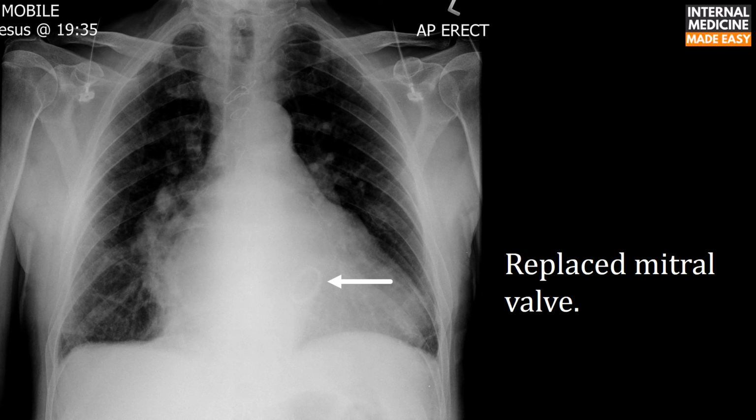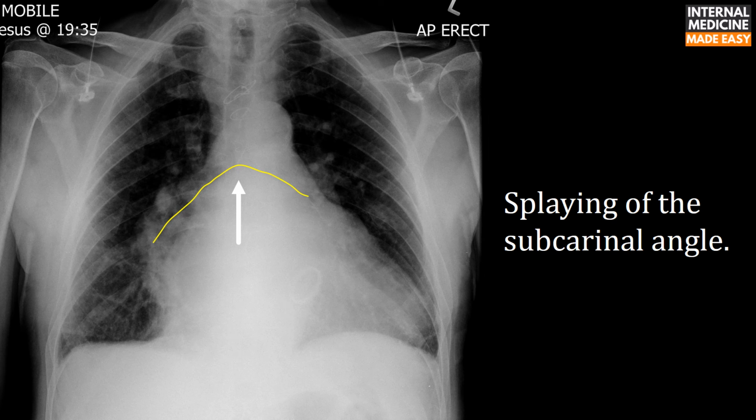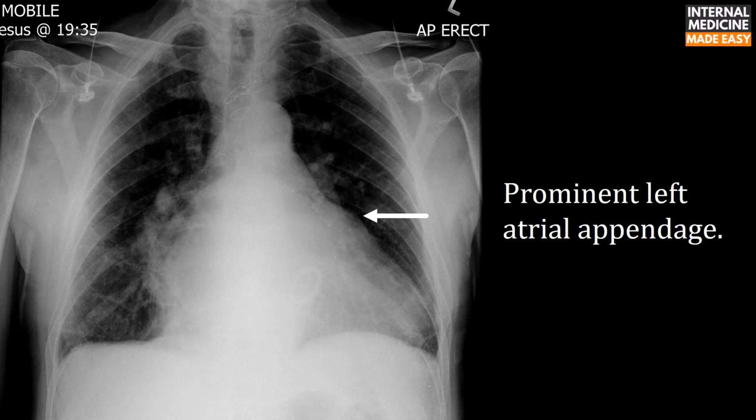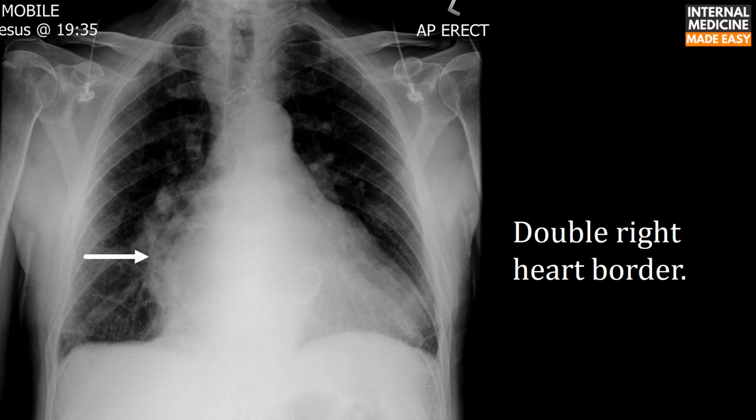Here you can see the replaced mitral valve. Splaying of the subcarinal angle is shown here. There is prominent left atrial appendage. And you can see the double right heart border.